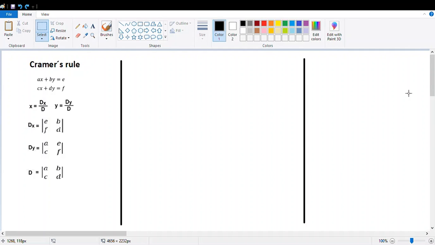If you can see Dx, we are talking about x. For Dx, we can create a matrix replacing the x column coefficients with the answers in the given system. The column for x is not going to be the coefficients of x, it's going to be the constants, the numbers after the equal sign, in this case E, F. And the y column is still the y column.